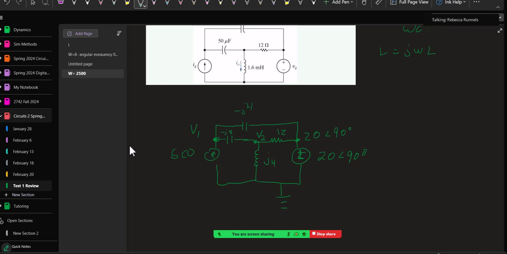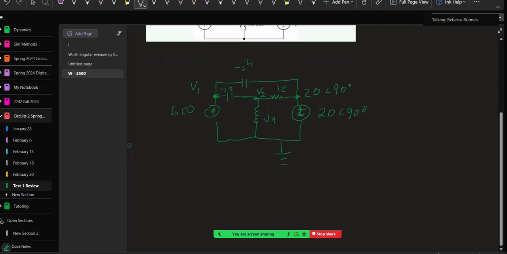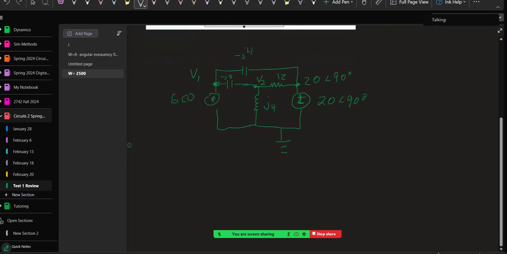So then my voltage equations are starting at V1. So when you're doing a nodal analysis, currents coming in are negative. So that's minus 5. And then everything else will be V1 minus the voltage on the other side over the impedance.